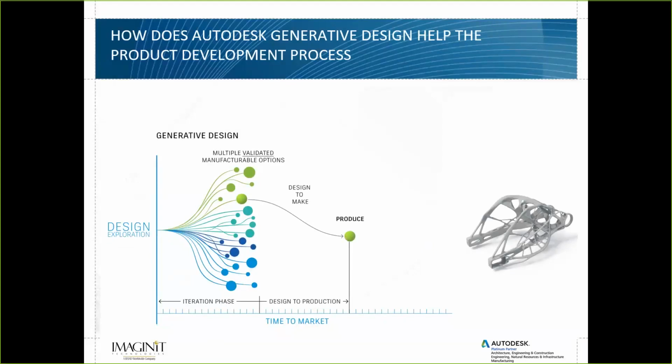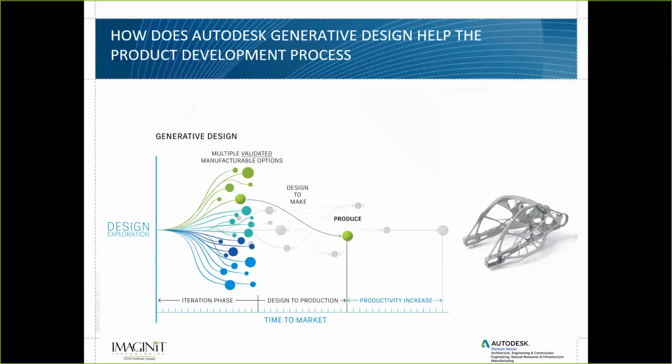Well, as a human, you can look into that and say, well, this one here kind of makes the most sense based on my design criteria to produce that part. So this might get you to a much faster design to production phase than before. And as you can see, if you overlap that with the previous slide, the amount of rework could drastically be reduced.